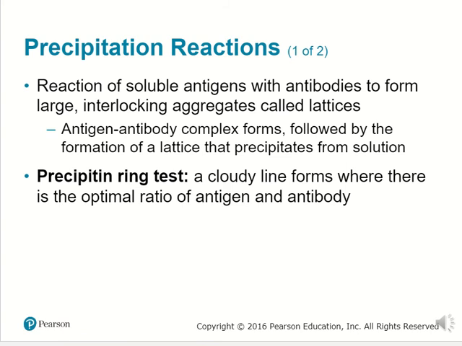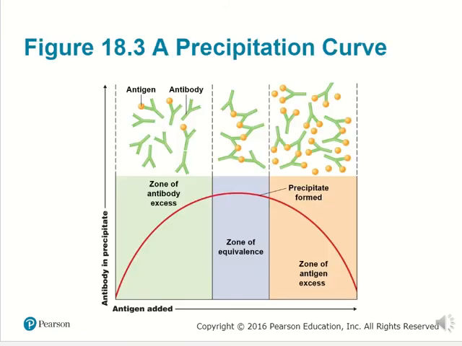There is a precipitin ring test, where a cloud line forms where there is an optimal ratio of antigen-antibody, and we'll look at what that is. Essentially a precipitation curve. It's a way of determining when you have a good amount of, not too many antigens and not too many antibodies, but a good combination or mix of both.